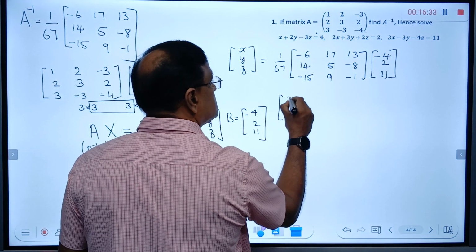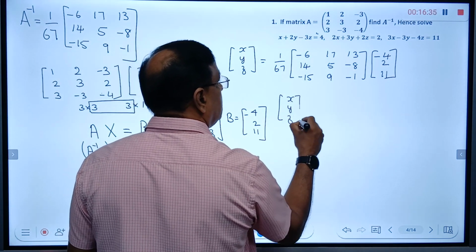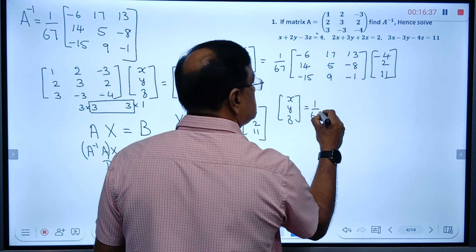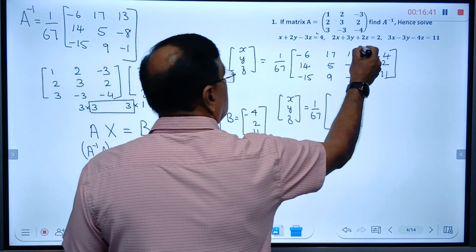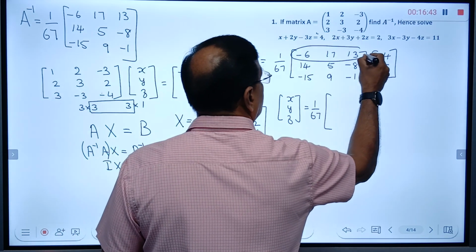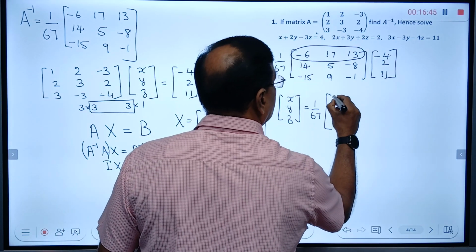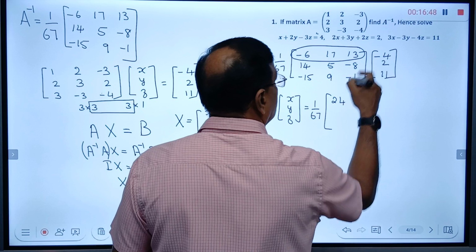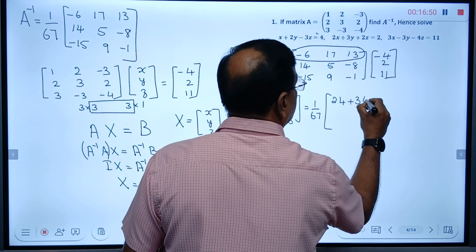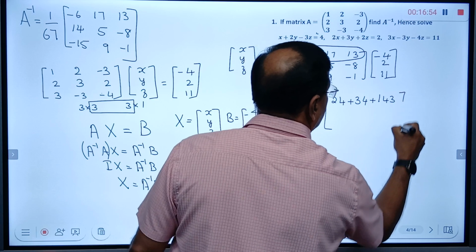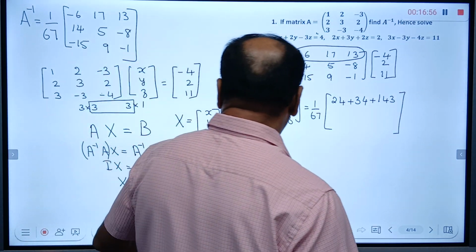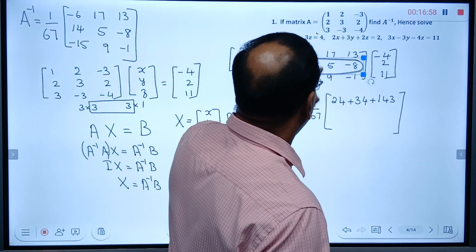So this is x, y, z equal to 1 by 67 into, now multiply first row with first column. What do you get? 24 plus 34 plus 143. Now second row, first column. How do you do second row, first column?